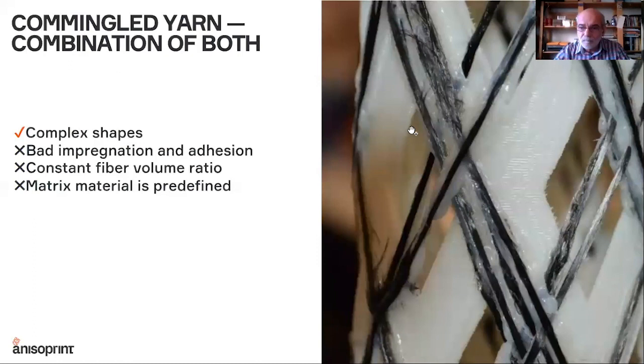The impregnation is normally much better than in case of co-extrusion, but it's always worse than for the prepregs. And you still have the disadvantages that the fiber volume is constant and that the matrix material is fixed.